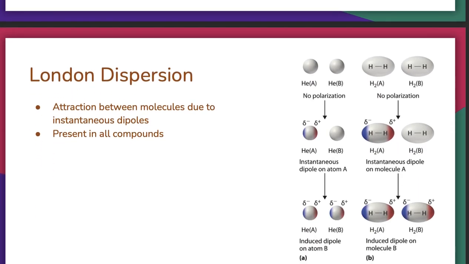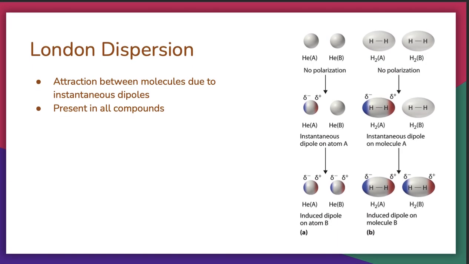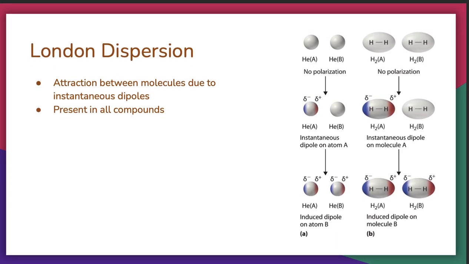And okay, last one, we're so close to done. The last one is London dispersion forces. This is the attraction between molecules due to instantaneous dipoles. The big thing about this force is that it's present in all compounds and molecules. The reason is that in every atom or molecule or compound, the electrons are always constantly moving.